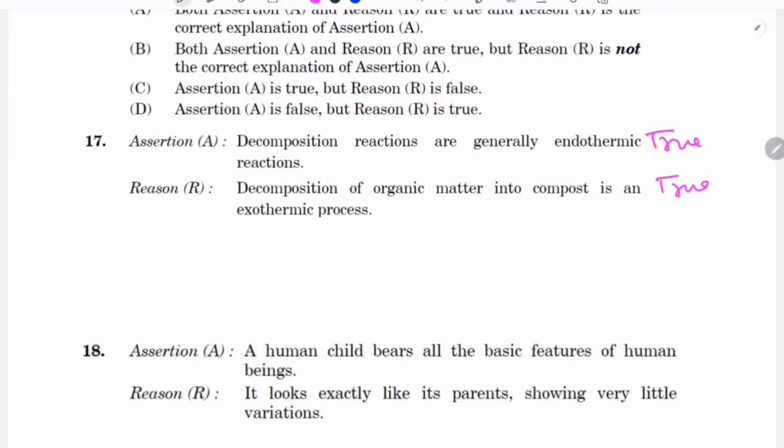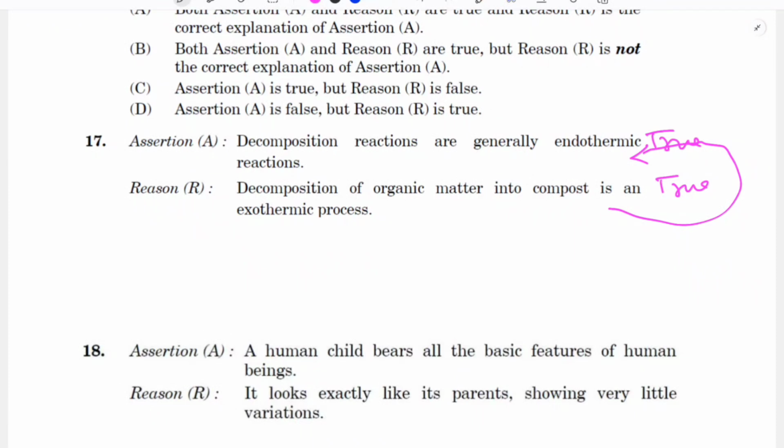Decomposition of organic matter into compost is exothermic, this is true, and the first statement is also true. However, the reason R does not explain the assertion. It does not justify it, and is not related to it exactly. That means this is not the reason for the given assertion to be true.